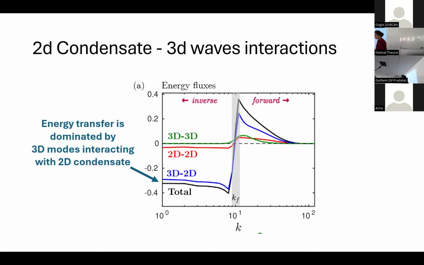This means that the energy gets transferred by direct interactions of the condensate, this large scale flow, with 3D modes. That's the conclusion from this plot. You see that the transfer is here. This is where the transfer is reversed. This is a Rossby number of the condensate. Negative means energy goes to the condensate from small scales to large scales.